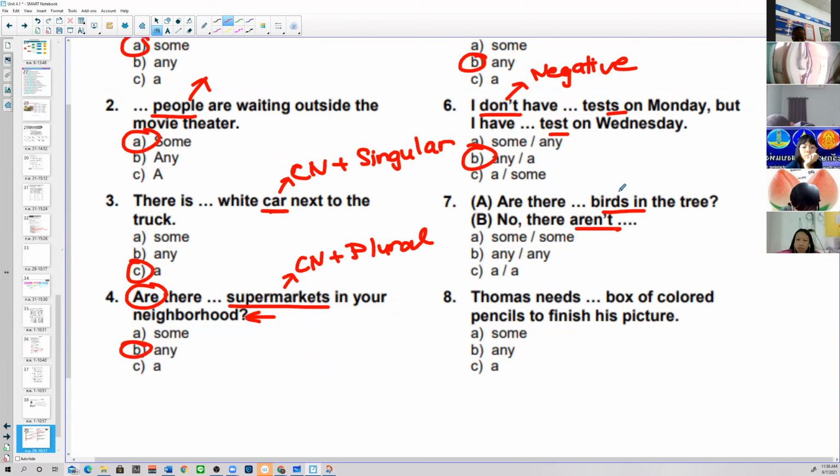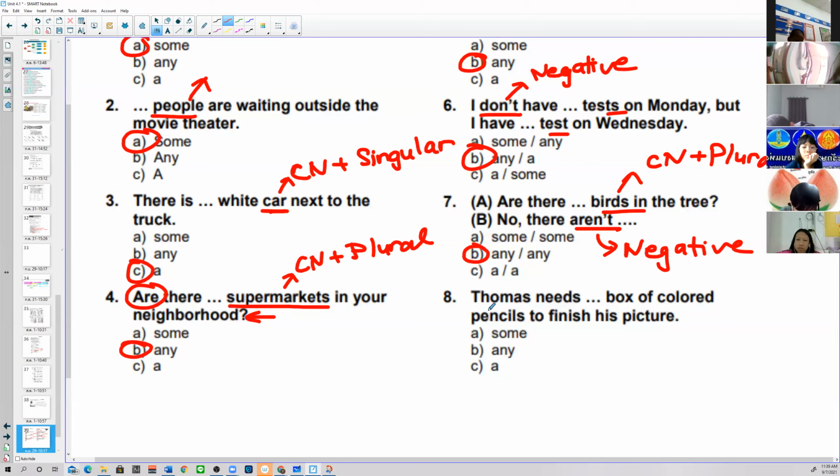And then negative form. This one is a countable noun, and it is negative. So what should we say? Are there any birds in the tree? Or no, there aren't any, right?